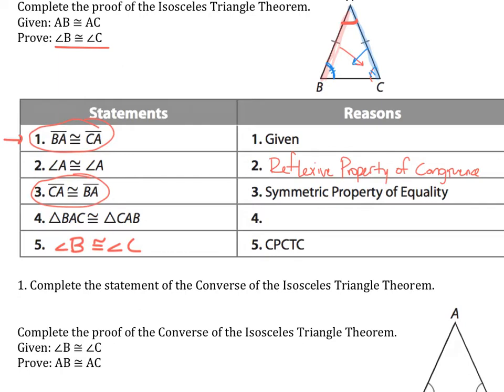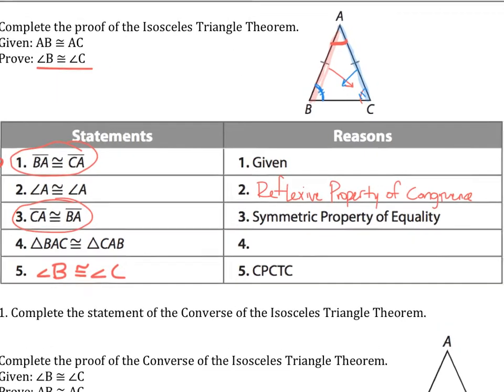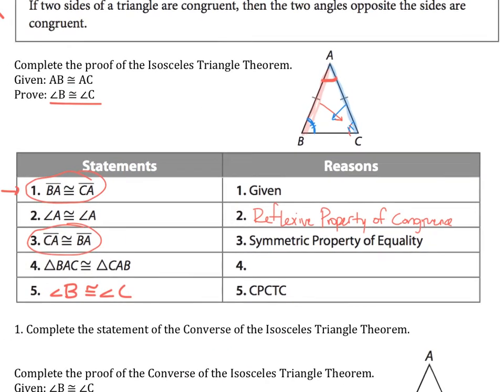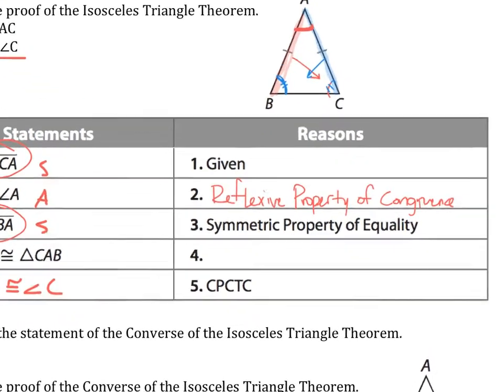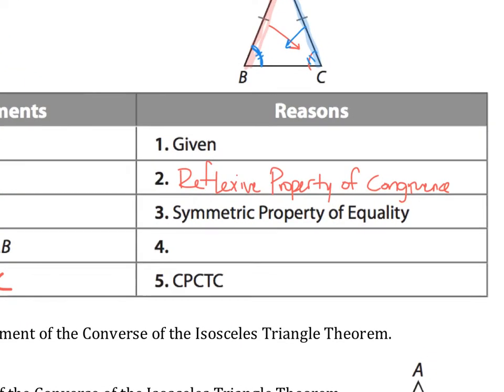Therefore, statement 4 says if I have these two congruent sides, I have a pair of sides, and in between I have an angle, then we can say that those triangles are congruent by side-angle-side triangle congruence.